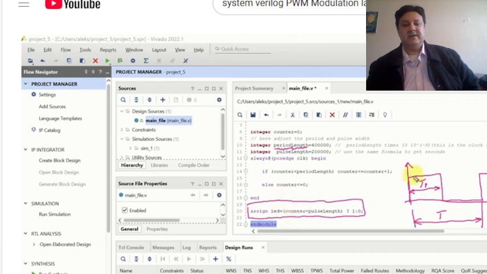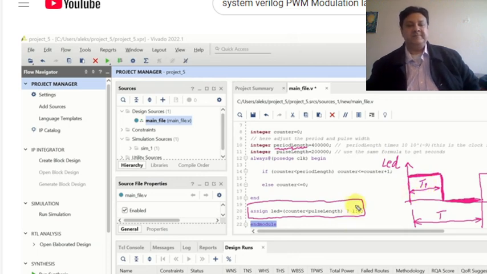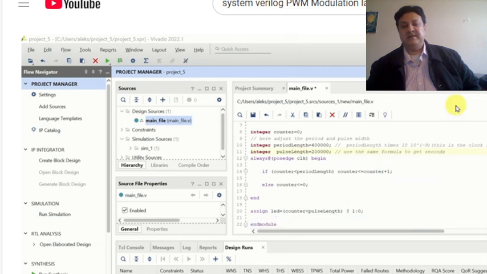So when the counter is smaller than the pulse length, that is when we are here, the value will be high. If the counter exceeds the pulse length, then the LED value will be 0. So this is our LED.